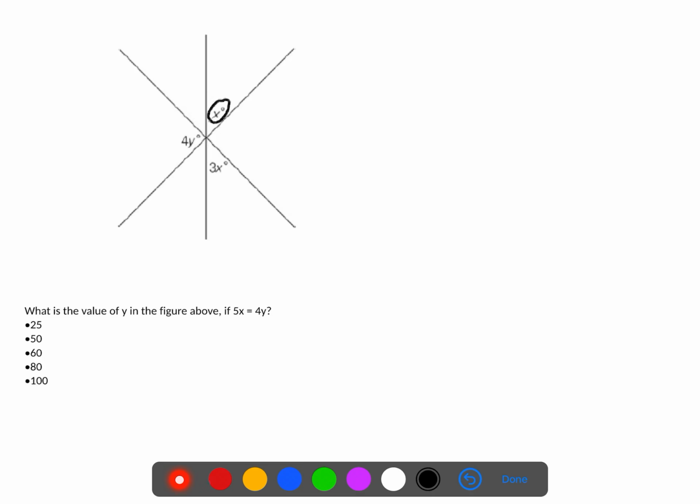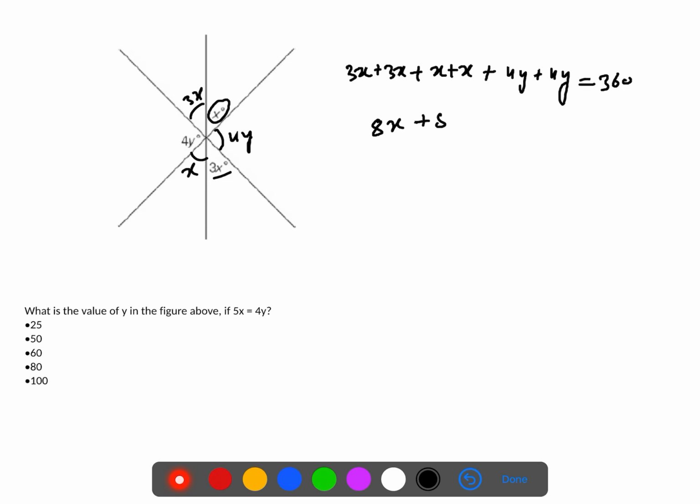So this is x, opposite to this would be x, 4y opposite would be 4y, 3x opposite would be 3x. So 3x plus 3x, x plus x, plus 4y plus 4y is equal to 360. So 8x plus 8y is equal to 360, and given is 5x is equal to 4y.